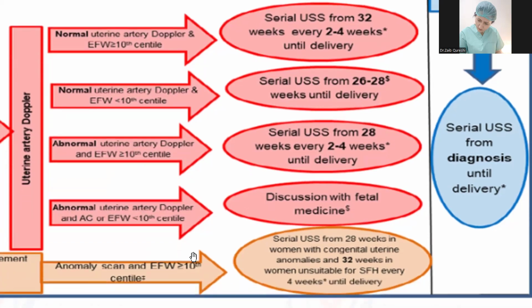Makes sense? However, if the uterine artery Doppler is abnormal plus weight is also low, this signifies that this baby might not survive. So you will discuss with the fetal medicine specialist. As per my understanding, this can come in the exam as well.